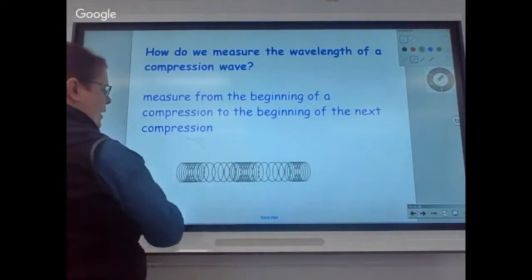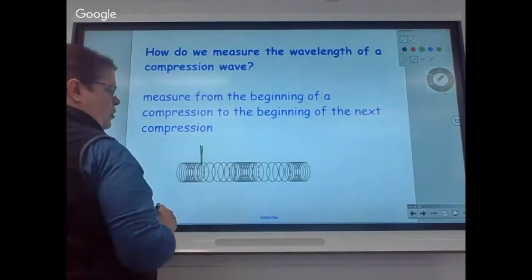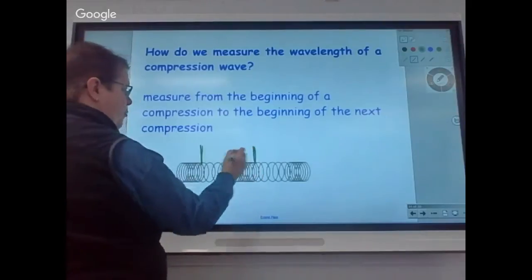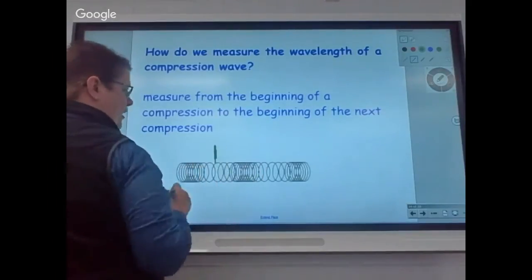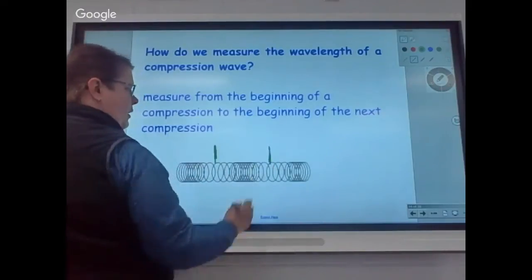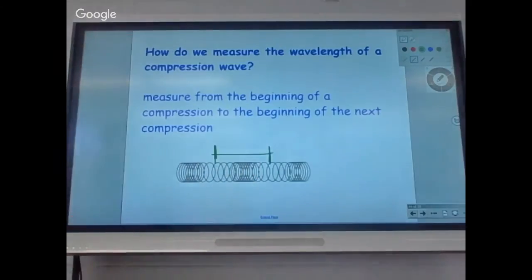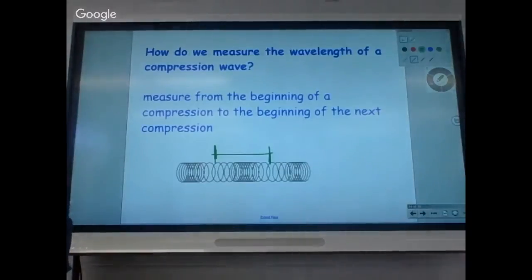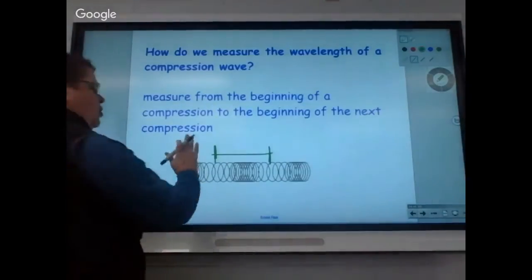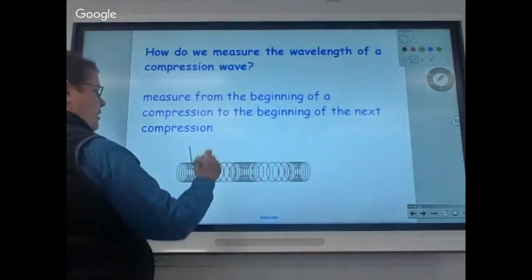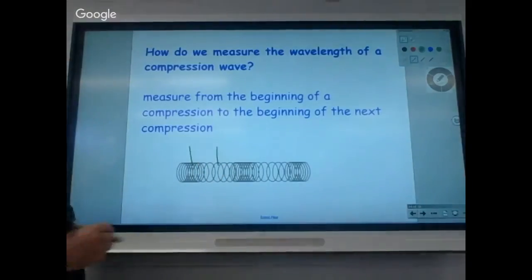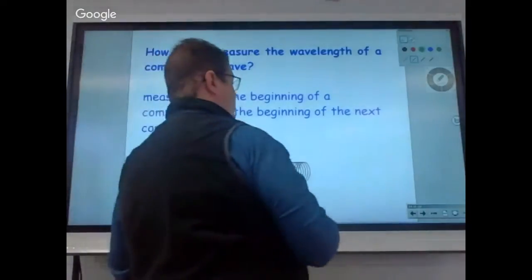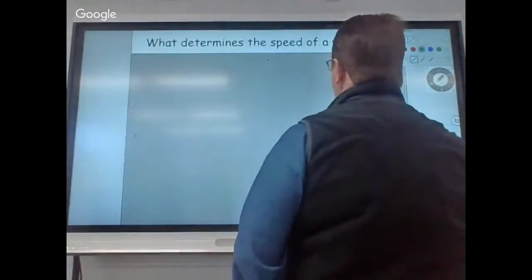If you pick the end of the compression, you go to the end of the compression. If you pick the middle of the rarefaction, you go to the middle of the rarefaction. The points have to be the same on each. You can't start in a compression and go to a rarefaction. Does that make sense? Because I saw some of those come in and I thought, we've missed the boat.